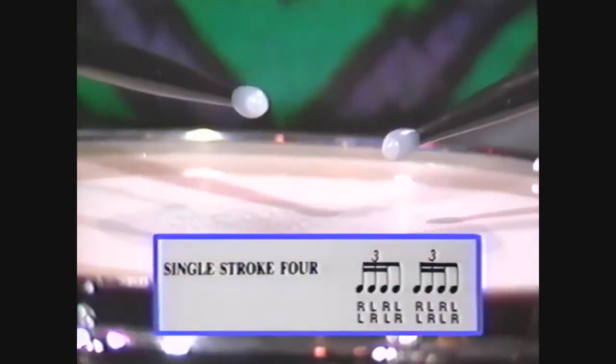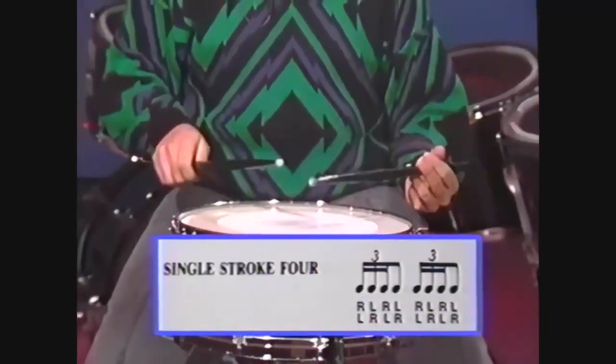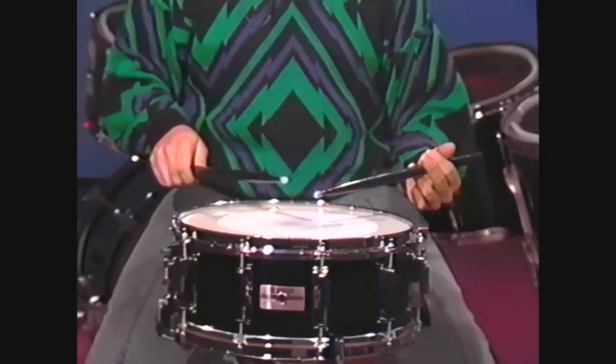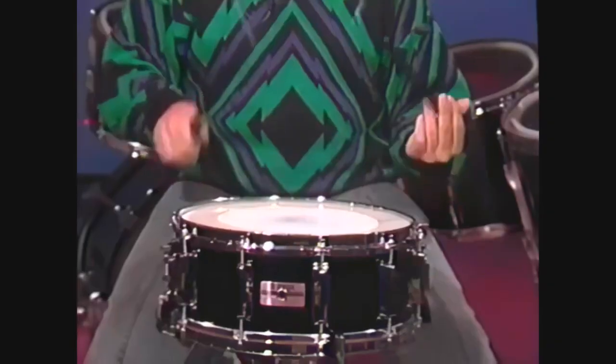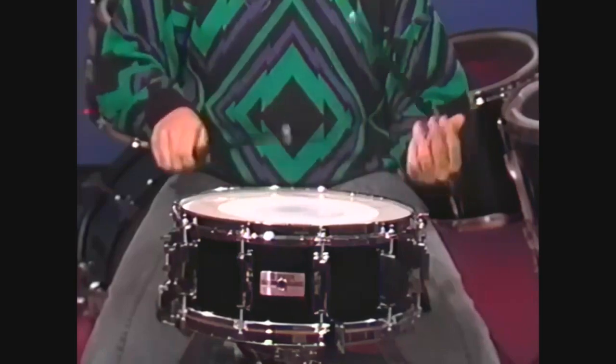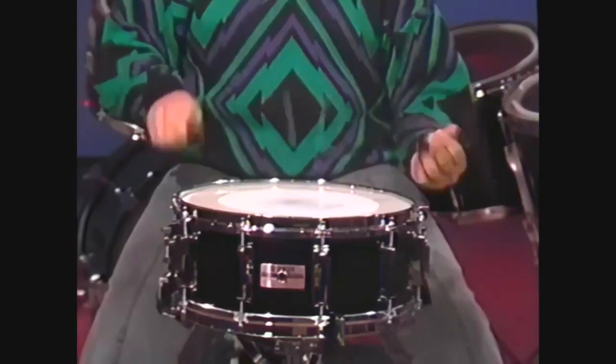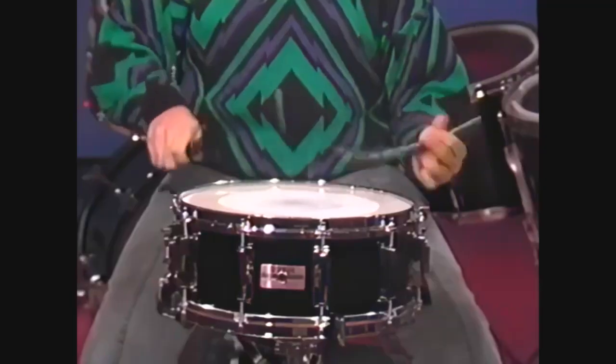The single stroke 4 is interpreted as a triplet with a tap release. The single stroke 7 is interpreted as 2 triplets with a tap release.